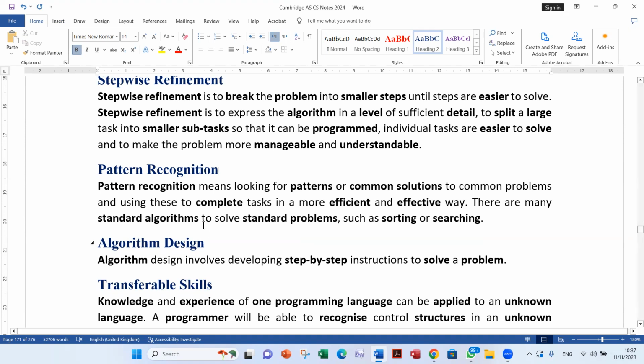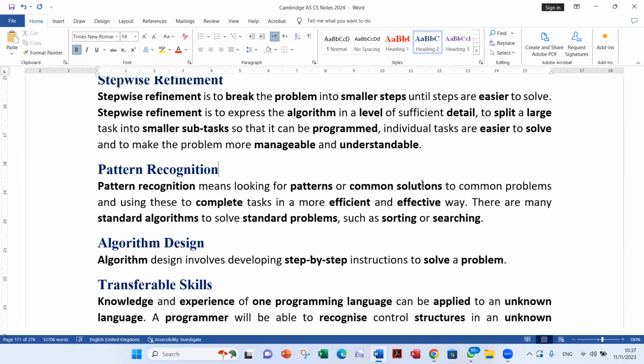So pattern recognition means looking for patterns or common solutions. I'm talking about searching algorithms, which are taught in the O level. Go and study them. Or sorting algorithms; we will be studying them more extensively here and comparing their performance. If you would like to do a search or sort, do not try to reinvent it.